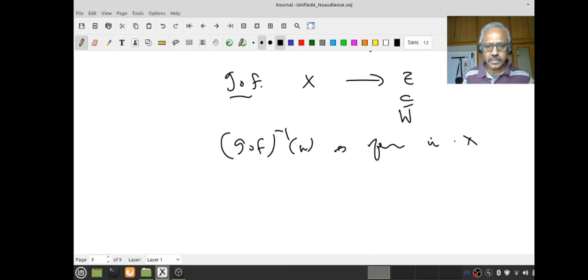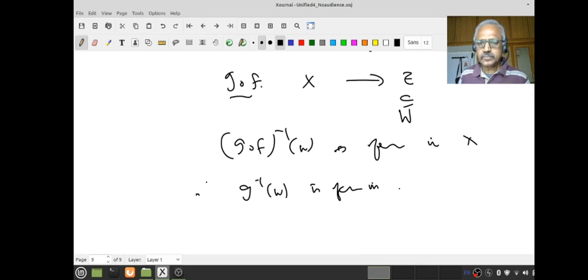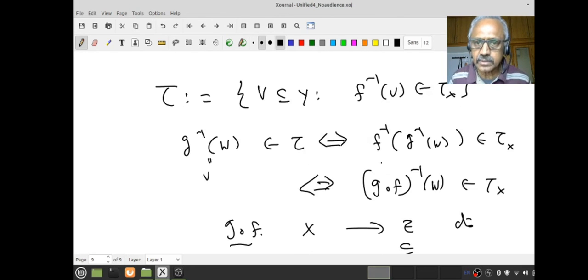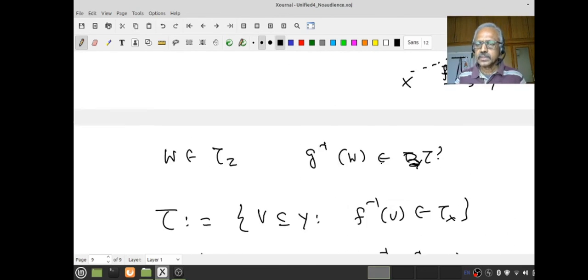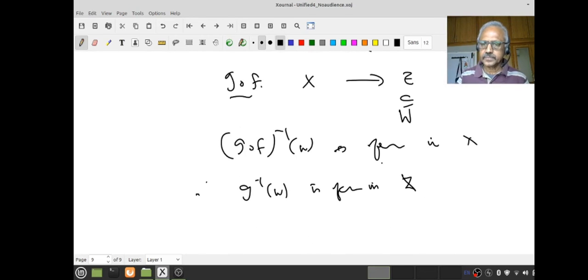Therefore, G inverse of W is open in Y. Open in what? G is a map from where to where? On Y. This implies G as a map from Y to Z is continuous.